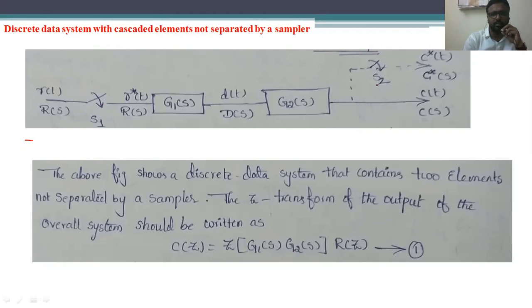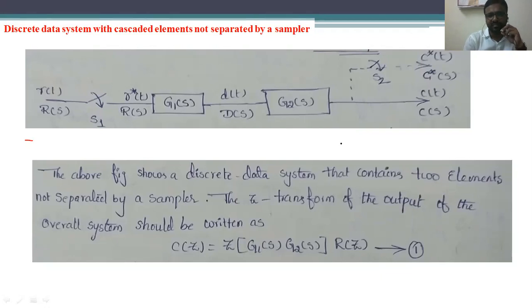After the output, that means this C of S is going to be converted as C star of S. So this is the data system, which is two discrete data systems connected in a cascaded position, but not separated by a sampler.